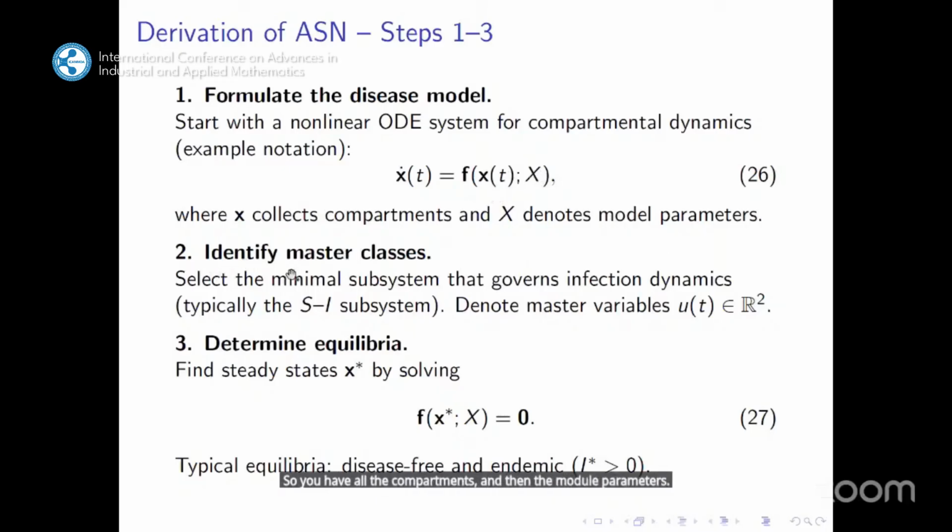So the second step is to identify the master classes. We select the minimal subsystem that governs the infectious dynamics, which is the SI subsystem, and then denote the master variables governed by that, and then determine the equilibrium, which we did just now with the SEIR model that we know.